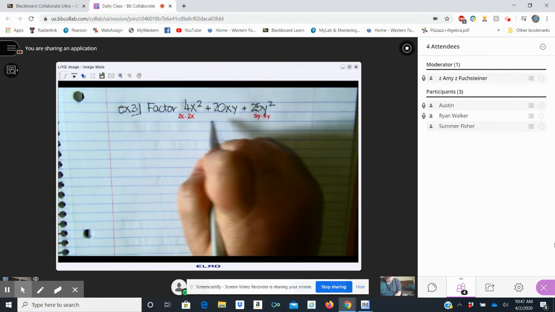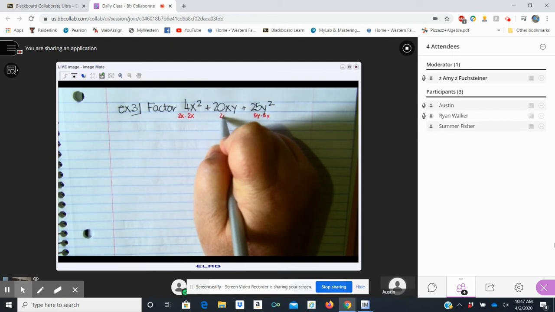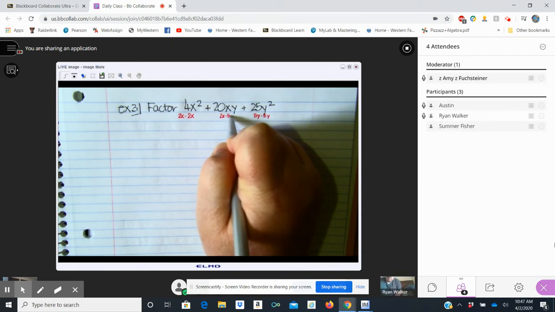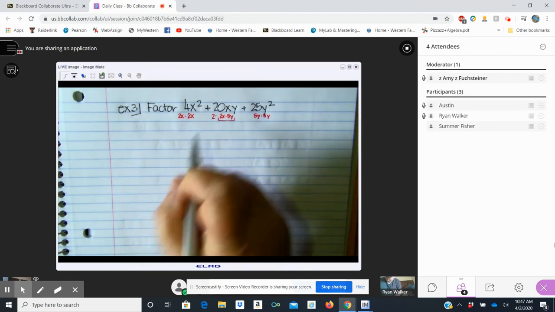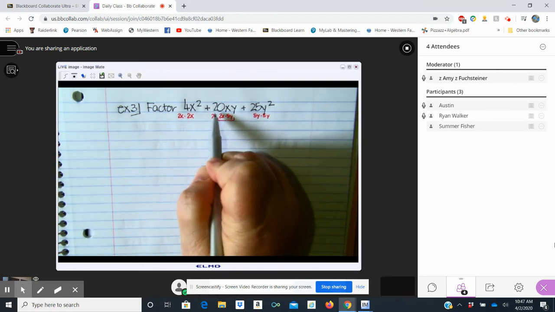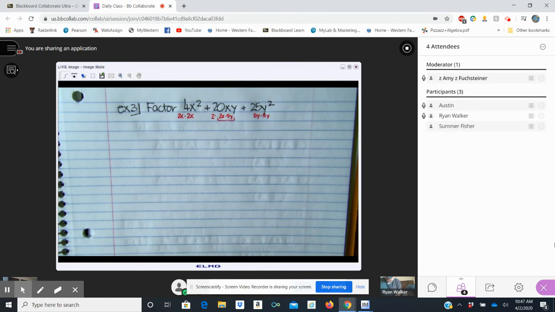If I multiply 2x times 5y, and then I double it, do I get 20xy?